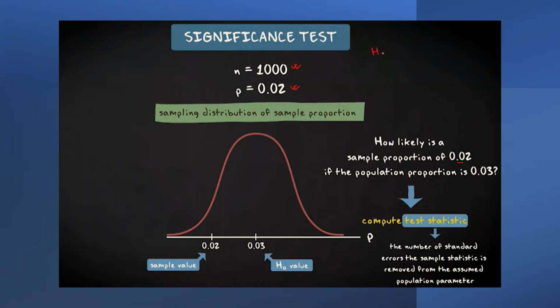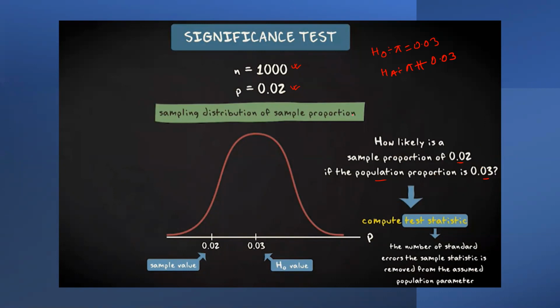My null hypothesis is pi equals 0.03, and the alternative hypothesis is pi is not equals to 0.03. Given a population proportion of 0.03, can we conclude that my sample proportion is 0.02? We need to test that.